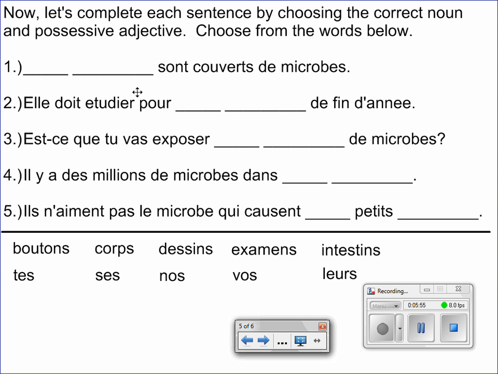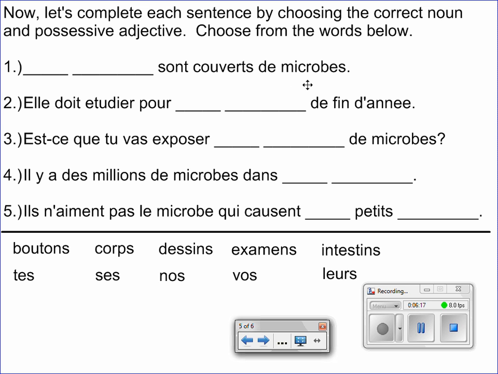Now, part of this is trial and error. But let's start off by translating the last part here. The last part here means are covered in microorganisms or are covered in germs.